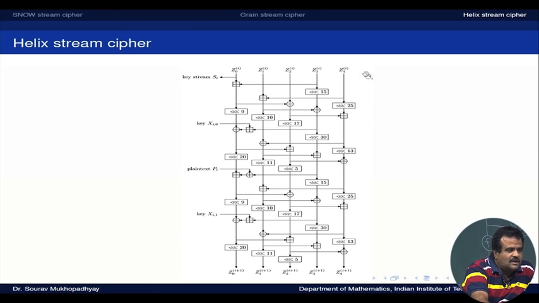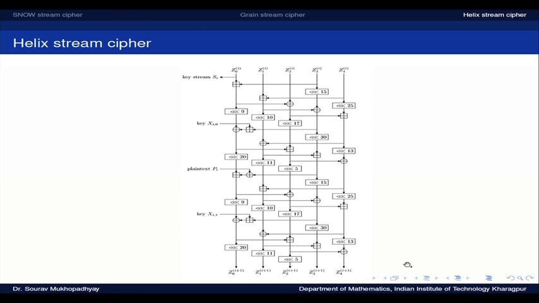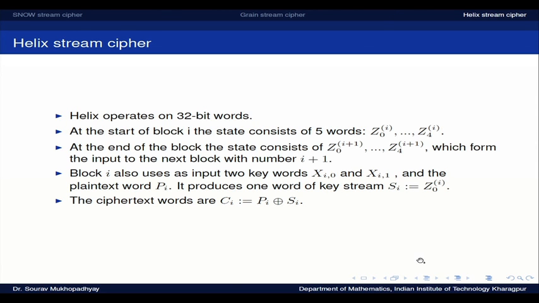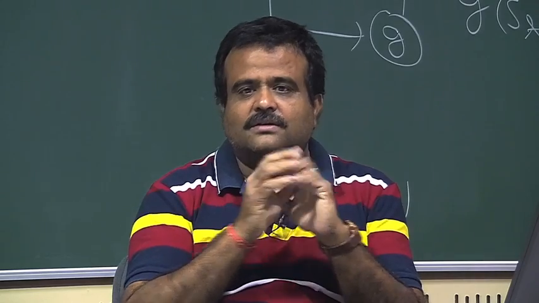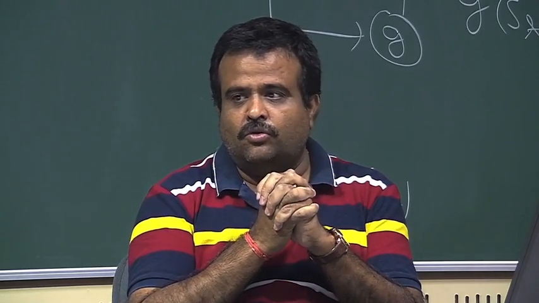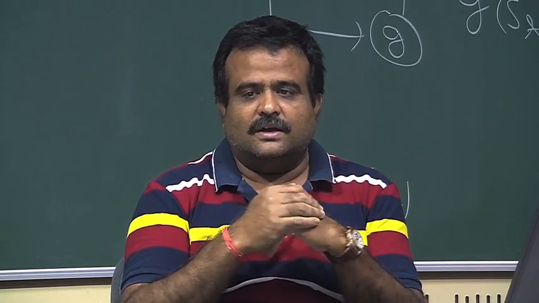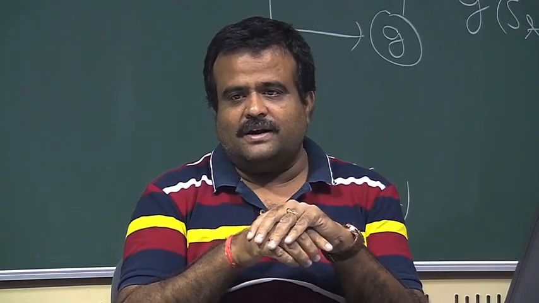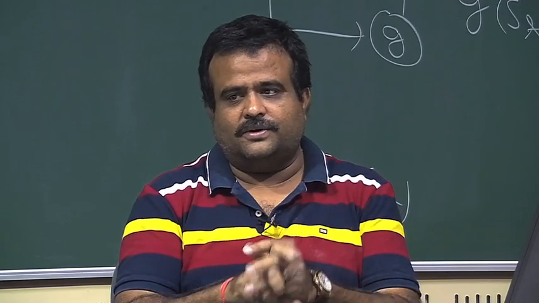This is one state, and we get the next state. So this is one example where the state update function and the key stream generation involve the plaintext bits. That will avoid some known attacks, but the design is a little complicated. So this is called an asynchronous stream cipher. Thank you.